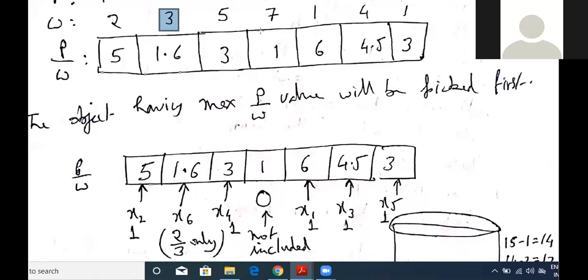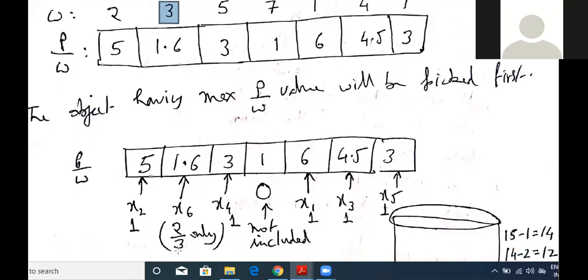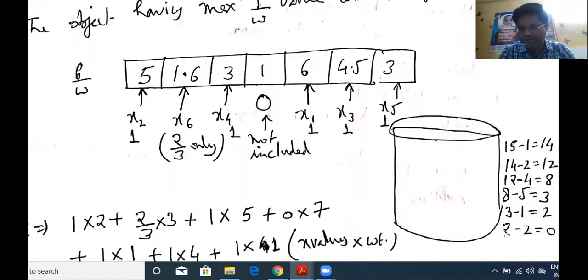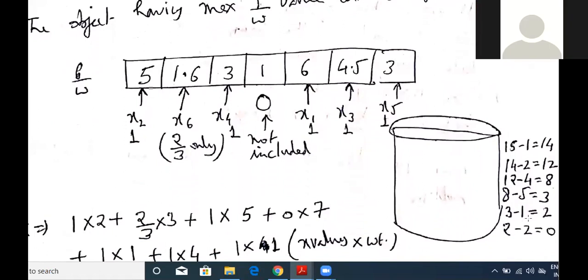So the fraction that we will carry is 2 by 3. So I have written here 2 by 3, and if all the 2 kg weight is reduced from this, the capacity becomes 0. So the knapsack will not carry any item at this stage.